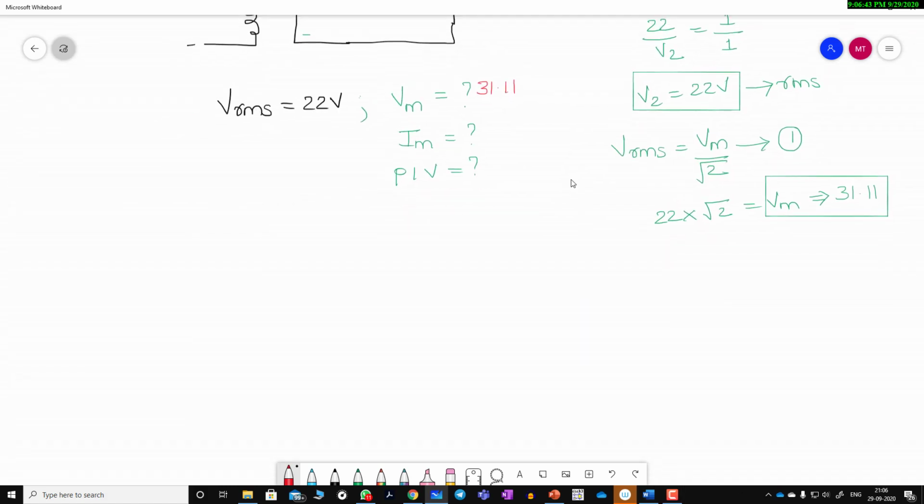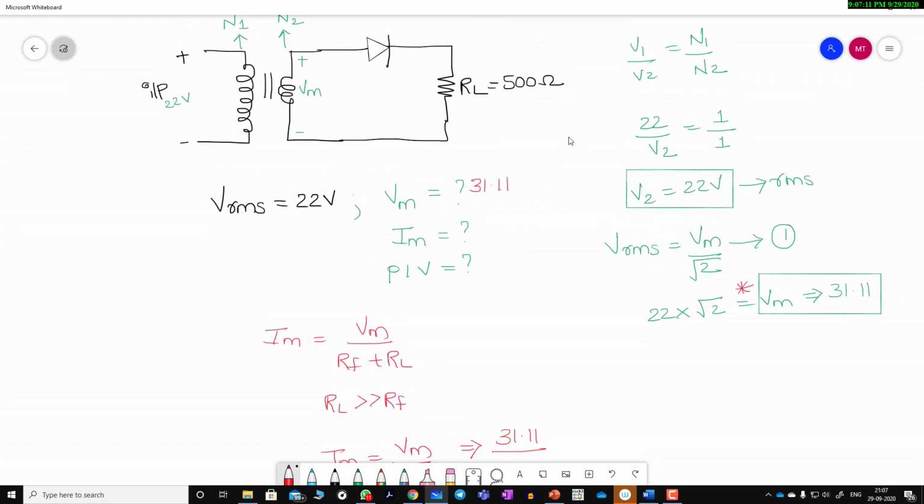What I know is Im is equal to Vm by (Rf plus RL). From the condition RL is greater than Rf, it becomes Im is equal to Vm by RL. I got the answer for Vm as 31.11, so it is 31.11 divided by RL. Let us check the value of RL.